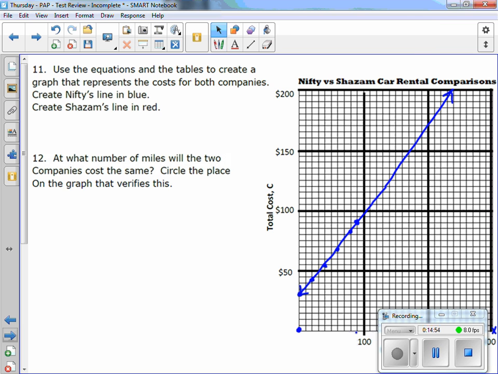Now, Shazam should be in blue. So at 0, we were at 55. At 20, we were at 62. And then at 40, we were at 64. Oh, sorry, that's 69. That's why it looked confusing.